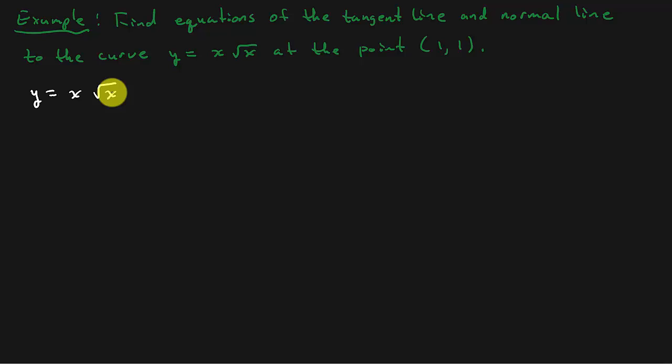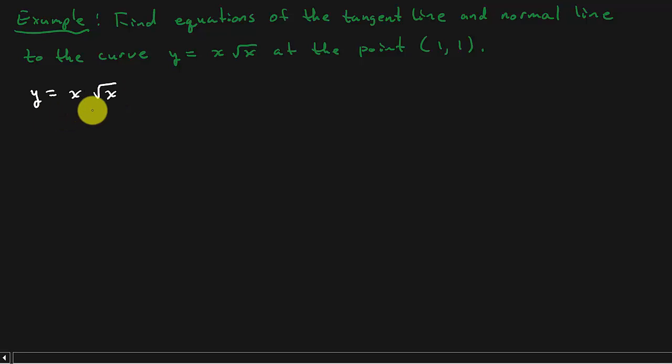To find the slope of the tangent line, you should have learned all about this in the chapter on limits. The derivative is a rate of change. So if we take the derivative and evaluate it at this point, that gives you the slope of the tangent line at that point.